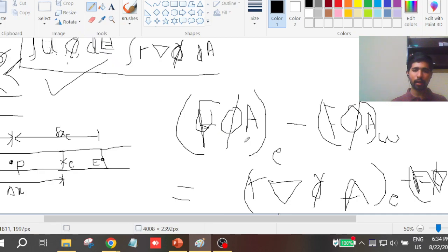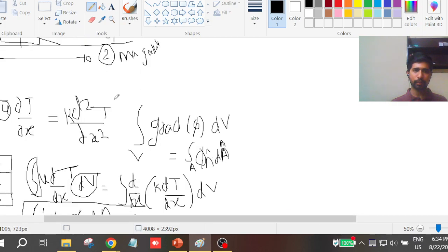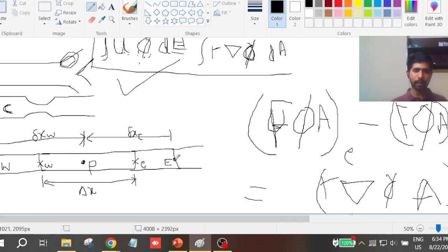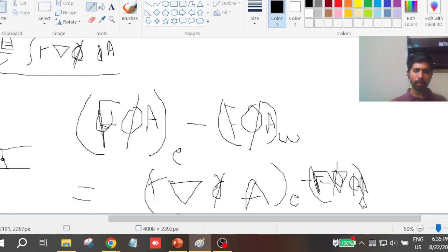Now you can calculate the gradient of phi along the east face as T_e minus T_p, or in general phi_e minus phi_p, divided by this delta xe. That is how you find this gradient of phi. And then f_e and phi_e you can write directly.